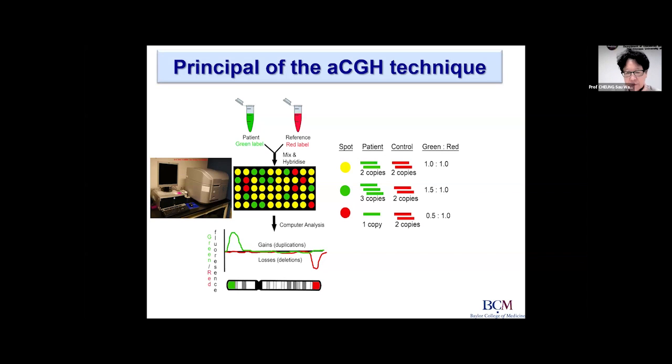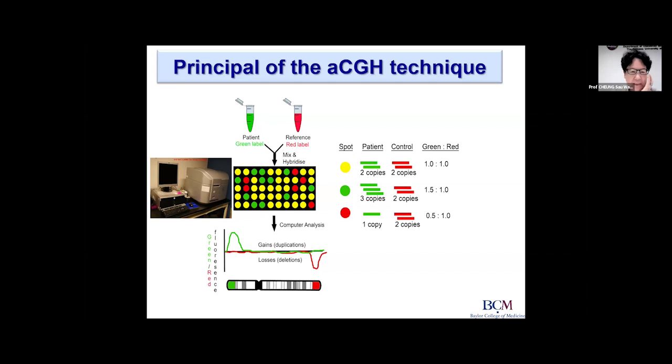The ratio will be 1.5 to 1, and we call that a gain. We can't say deletion and duplication using this; we can only say copy number gain and copy number loss, until you use FISH to confirm. Then you can call it a deletion, or a duplication for a gain.